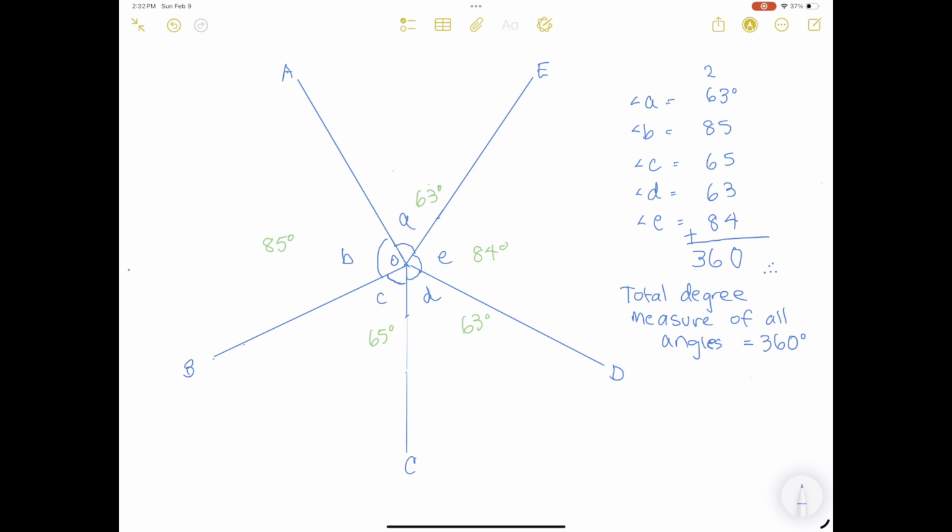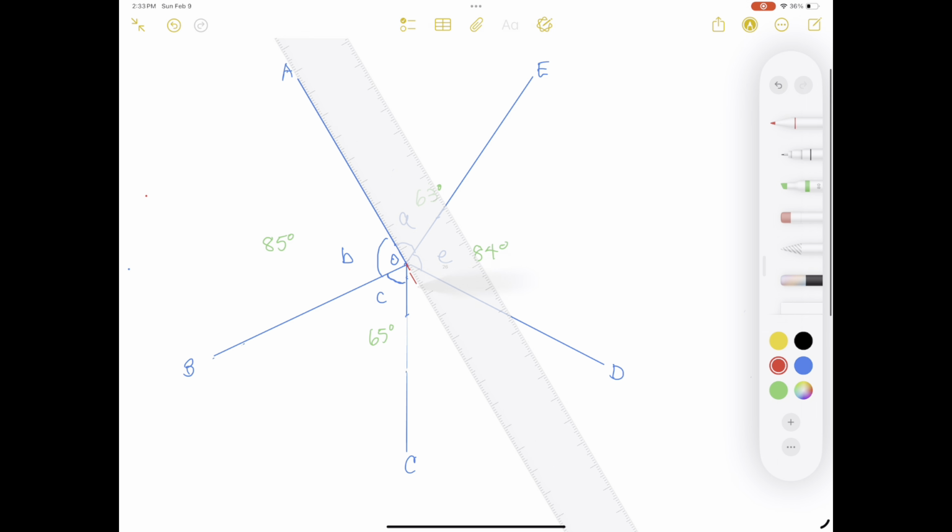I mentioned in my previous video that sometimes using a protractor to measure angles is not accurate. However, we can use another method to prove that the sum of angles converging at a point equals 360 degrees.